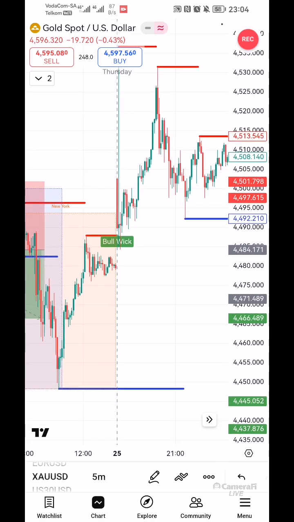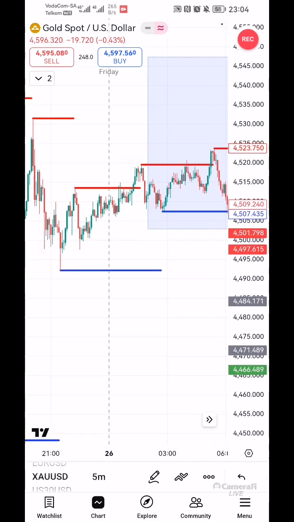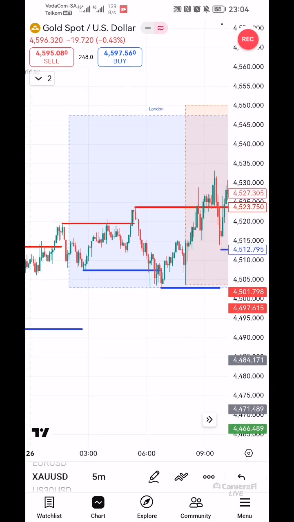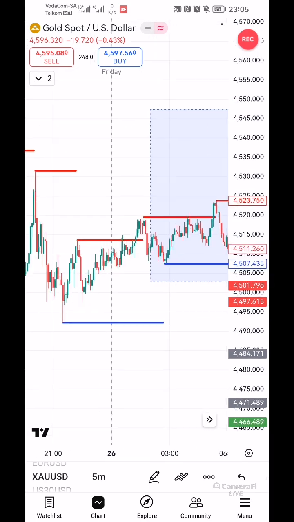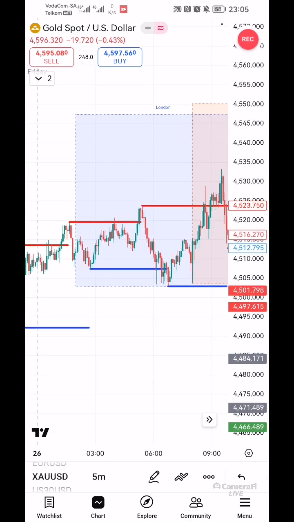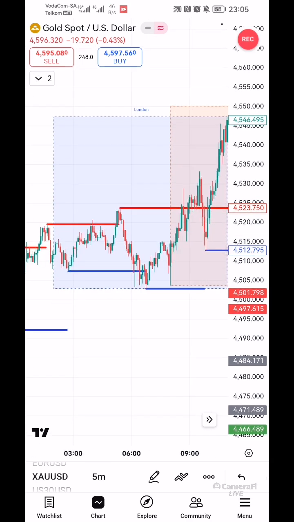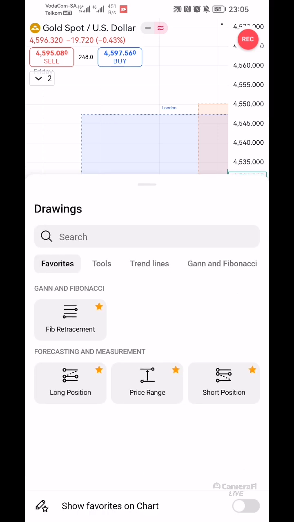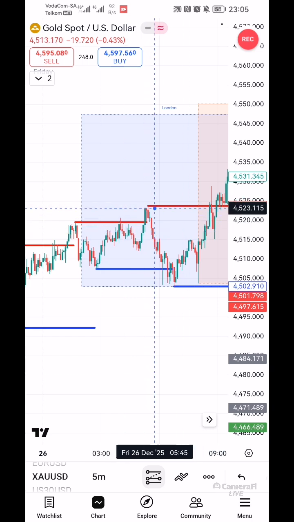Let me do a last example. Maybe I'm gonna get a loss and show you guys how to handle it. So on this day, this was gonna be a very tricky day. We're going to have a buy there.